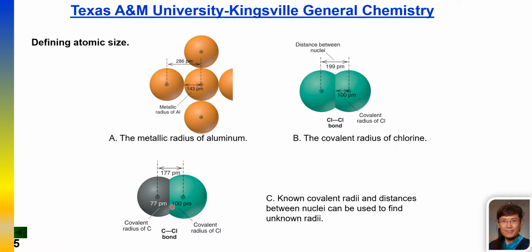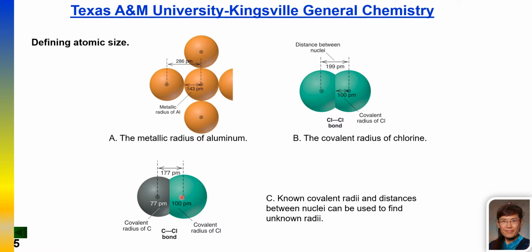If you have, say, carbon and chlorine together, how do you determine the radius of chlorine and carbon? Essentially, again based on the distance, you use the distance between two nuclei as your evaluation.